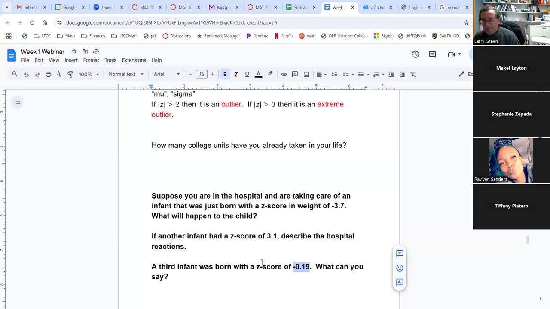There's lots of examples where z-scores are important. Another is, I took the SAT when I was in college. Okay. And I got a 1,592 score on the SAT. What do you know about how I did on the SAT?